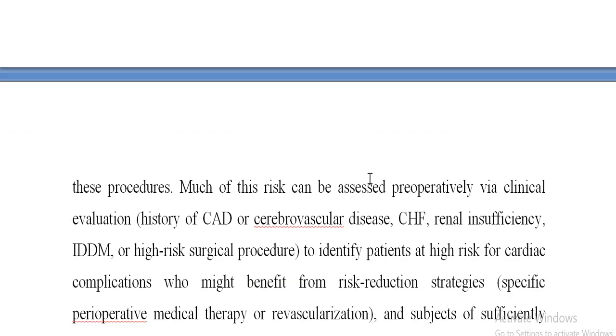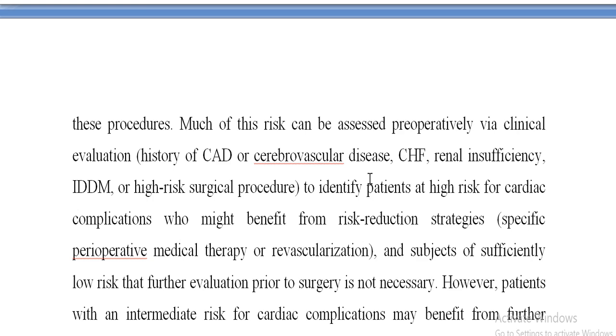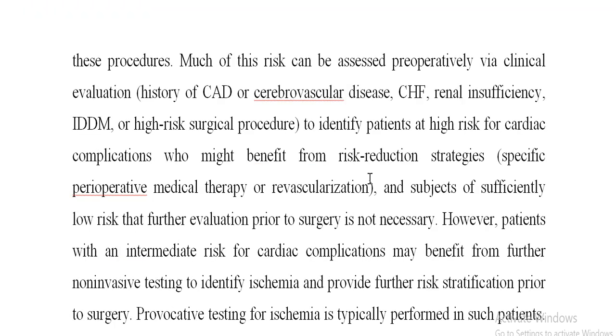Much of this risk can be assessed preoperatively via clinical evaluation: history of CAD or cerebrovascular disease, CHF, renal insufficiency, IDDM, or high-risk surgical procedure, to identify patients at high risk for cardiac complications who might benefit from risk reduction strategies, specific perioperative medical therapy or revascularization, and subjects of sufficiently low risk that further evaluation prior to surgery is not necessary. However, patients with an intermediate risk for cardiac complications may benefit from further non-invasive testing to identify ischemia and provide further risk stratification prior to surgery.